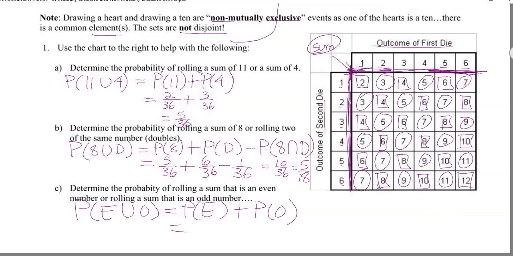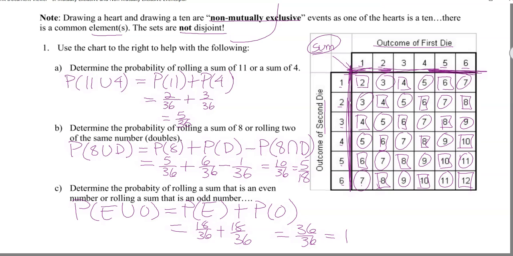Even numbers, well, let's count them: 1, 2, 3, 4, 5, 6, 7, 8, 9, 10, 11, 12, 13, 14, 15, 16, 17, 18 out of 36. Odd numbers, also 18 out of 36, which is 36 out of 36, which is 1.